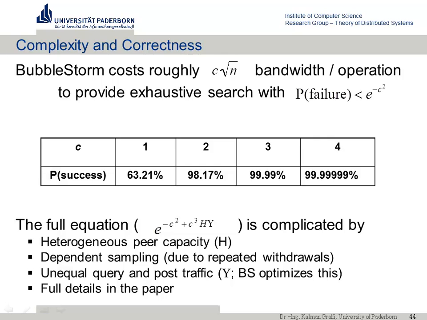So just some words on the drawbacks of BubbleStorm. It's all very nice, but you can still think about whether a constant times the square root of n is acceptable. If you want very good reliability, you would probably choose 3 as a constant, and the square root of n is still a large number. So that might bring you some issues.